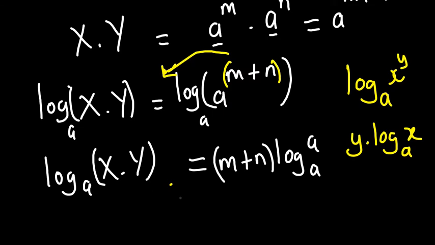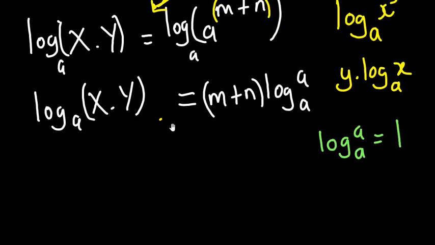Also, by another property of logarithms, which is usually referred to as the identity rule, log base a of a is 1. So this is the identity rule: when the logarithm itself and the base are the same letter, or the same number, the result will be 1.